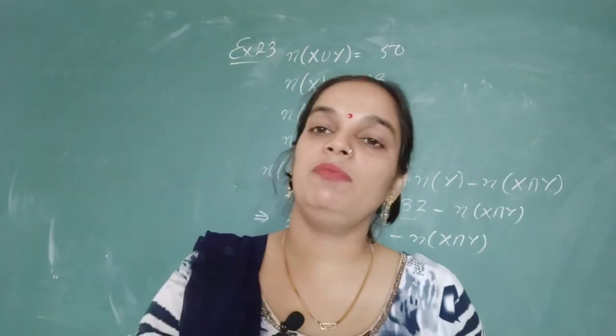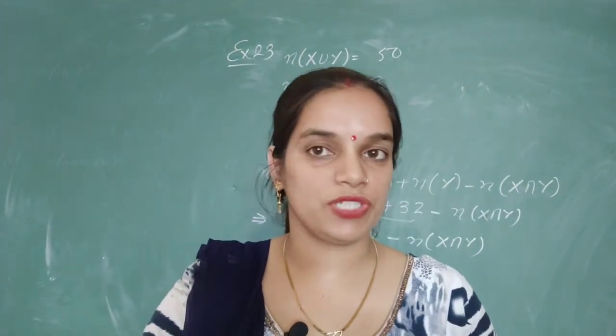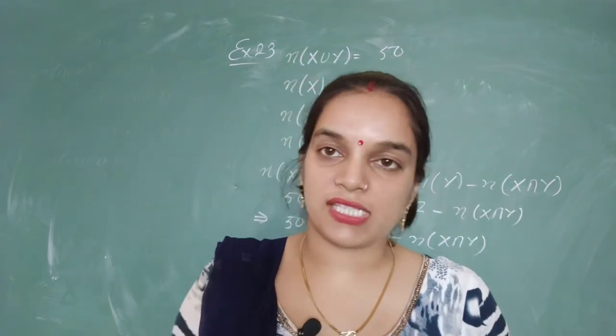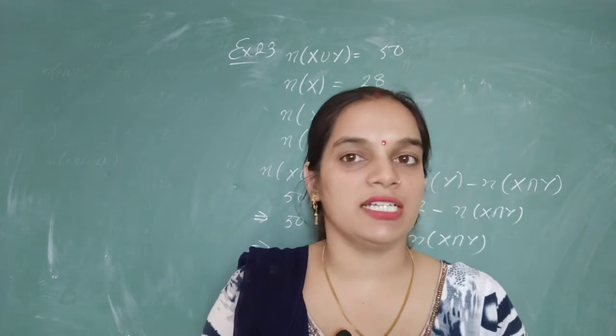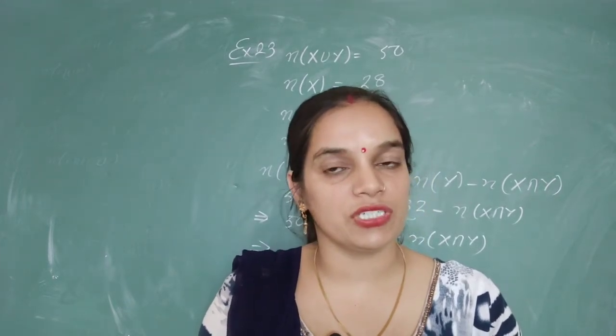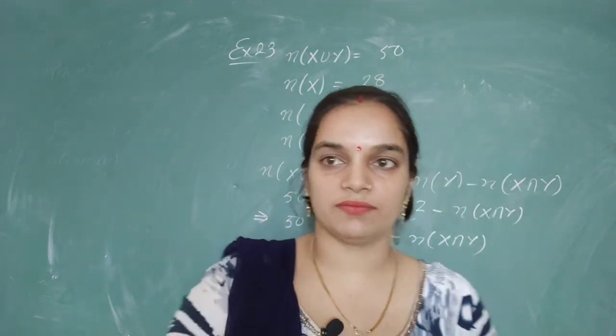So we will make here sets, two sets we will take. In the first set we will take the teachers who teach physics, and in the second set we will take the teachers who teach maths.